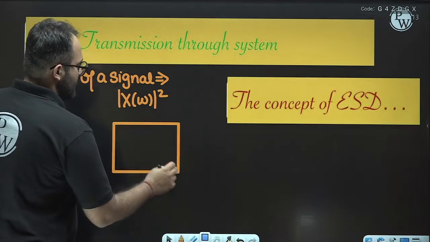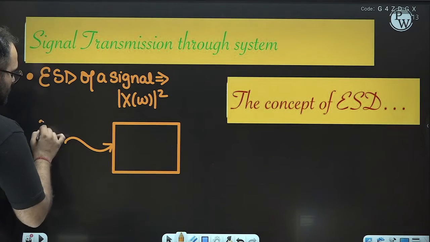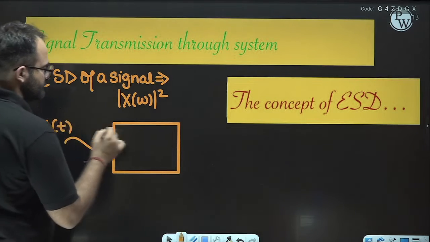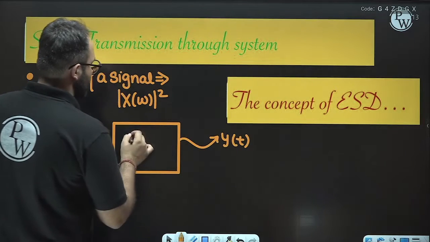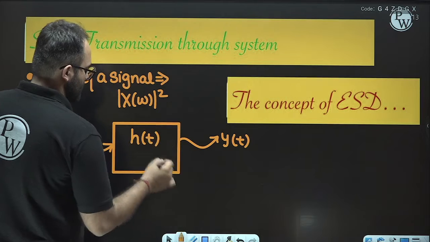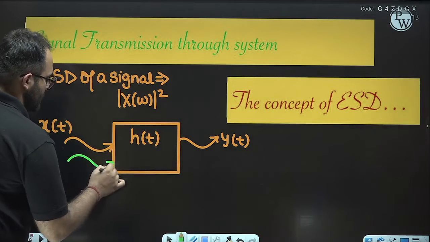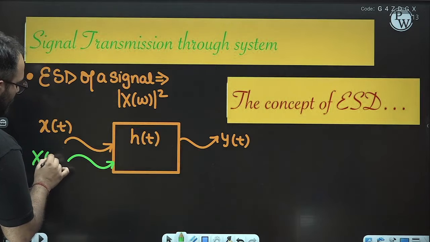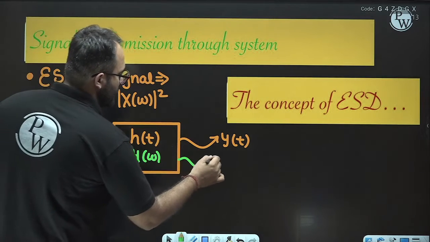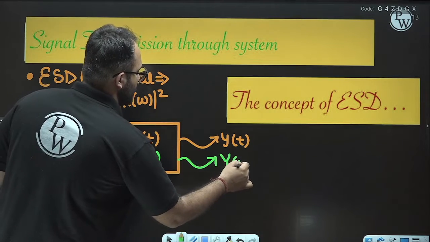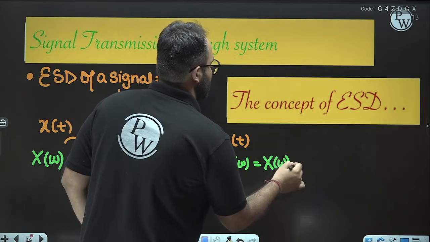Now suppose we have any system where input is x(t), output is y(t), the impulse response is h(t). Now here we also know, if the input is X omega, here it is H omega, the output will be Y omega, that is X omega into H omega.